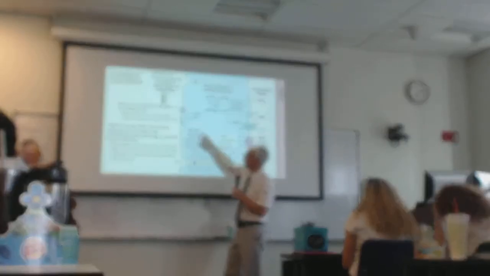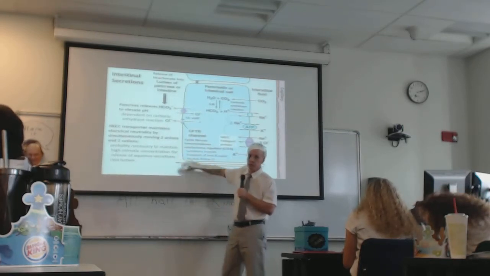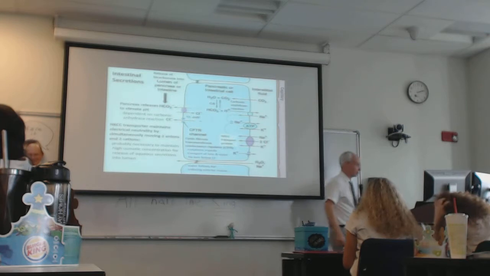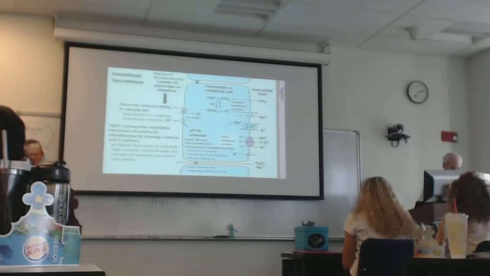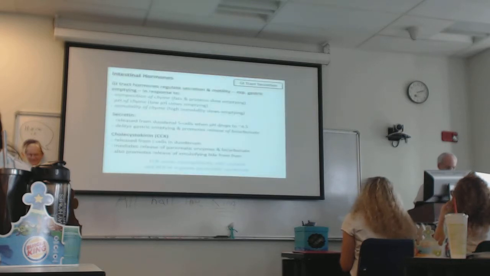If it doesn't function properly, water transport does not occur, and there can be aberrations in the formation of mucus. So as you look at the cell, just be familiar with the general organization of transporters and their general functions.